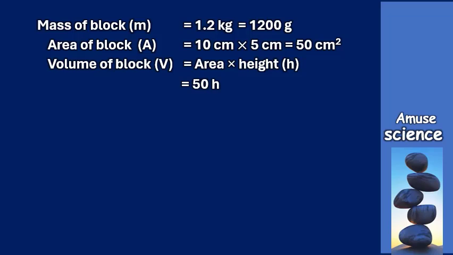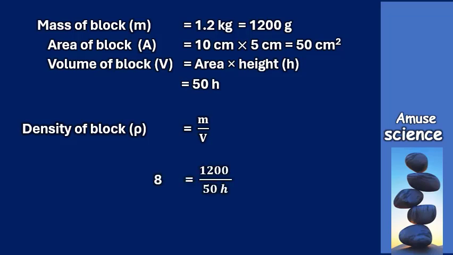So let us quote our formula for density and substitute in the values. Density of the block is equal to mass of the block divided by the volume of the block. So density is 8. We substitute: 8 is equal to the mass of the block, which is now 1200, divided by the volume, which is 50h.